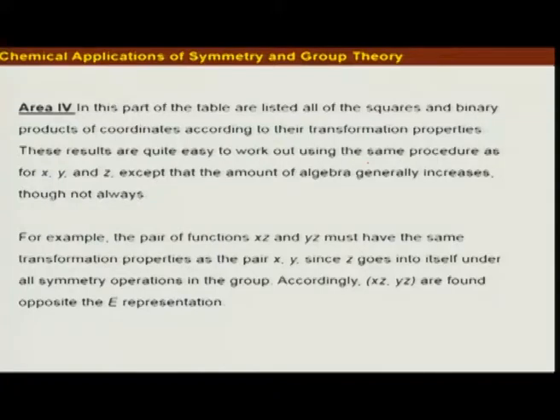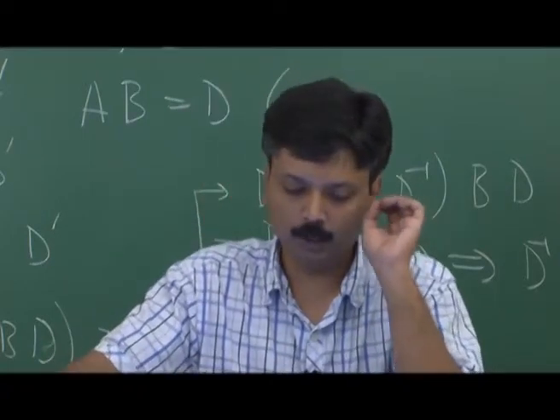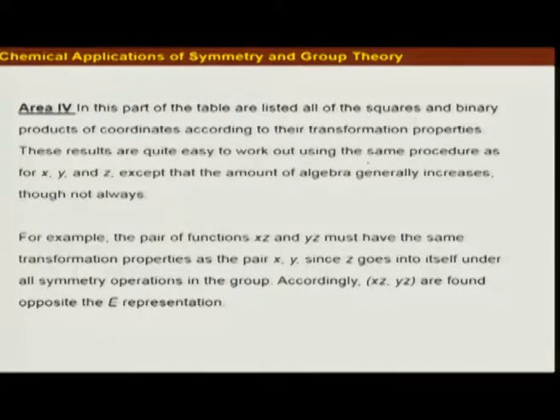Now let's look at area 4. So in area 4 also you will see certain functions which are like binary products of x, y and z. So it may be either xy, xz, yz, or x square, y square, z square, and so on. So this pair of functions must have the same transformation properties as the pair x y, since z goes into itself under all symmetry operations in the group.